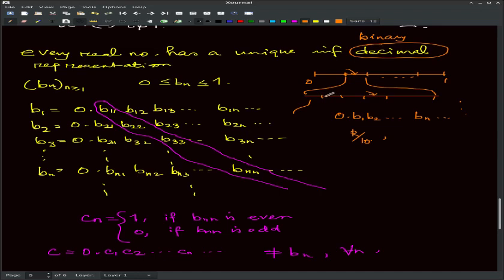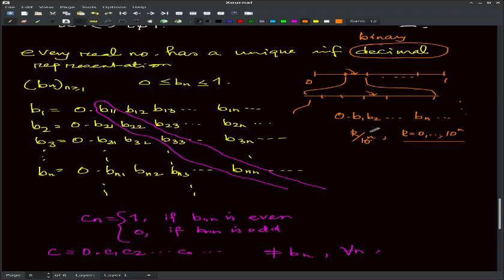Then again, if you go to the next level, 1 by 100, and so on, where k are the numbers 0, 1 up to 10 to the power n. So these are precisely the numbers, as you vary n and k, which have exactly 2 decimal representations, nothing else. Okay? So there is nothing special about decimal.